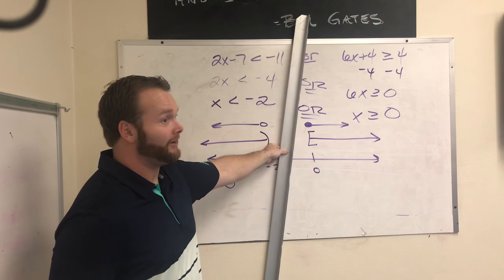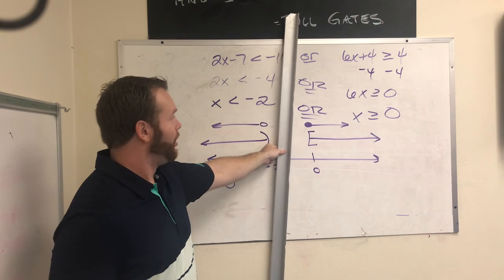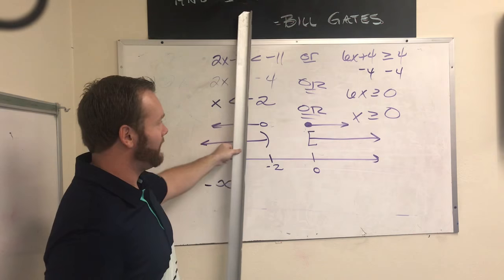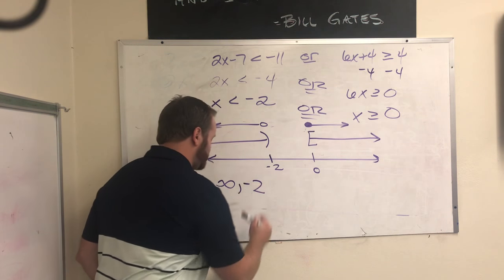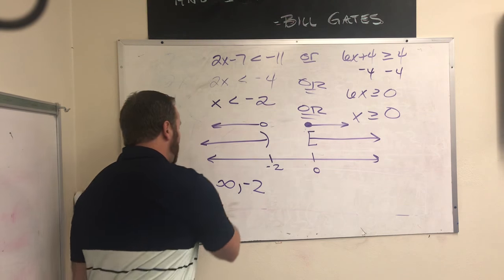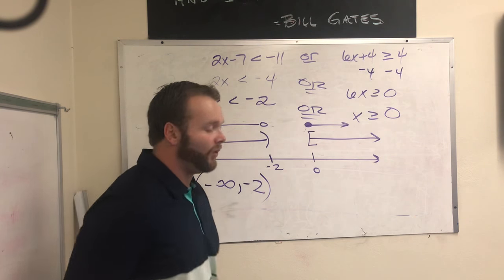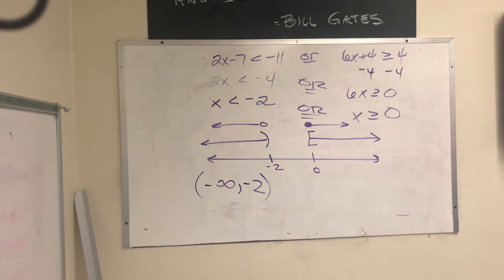What was the last number I came across that I was intersecting? -2. Now, here's my question. Was I really intersecting at -2? No, I was intersecting at -2.0000, an infinite number of zeros and a 1. But I can't write that, so I have to write -2. And the parenthesis tells me you put your toes on -2, but you can never touch -2, from the left-hand side.